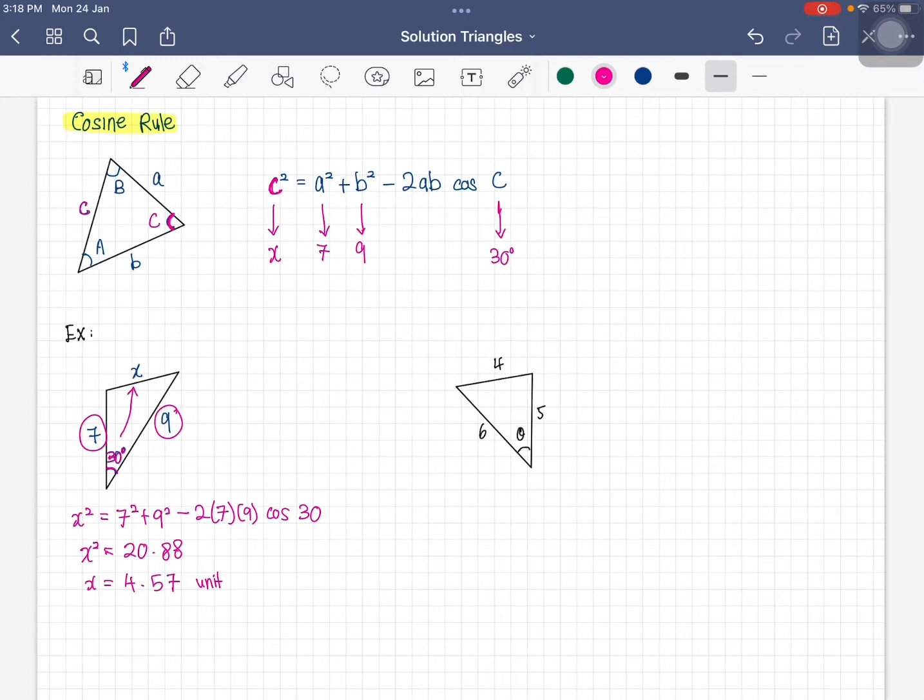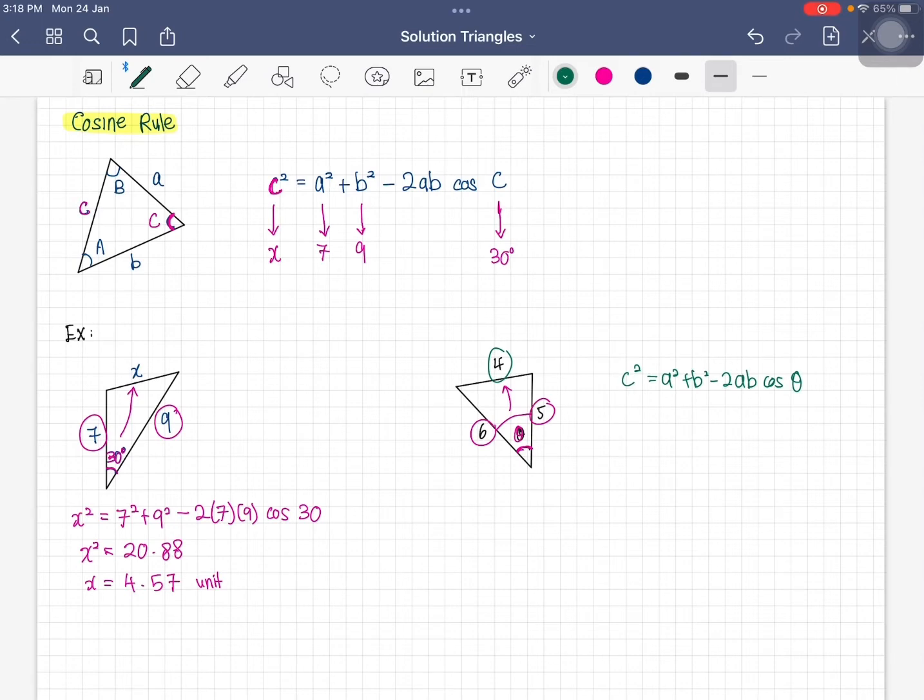Suppose the angle, you look at this, is obviously between 6 and 5, and it is included here. The length opposite the angle is 4. In this case, we know this is c. So you start with c squared equals a squared plus b squared minus 2ab cos theta.